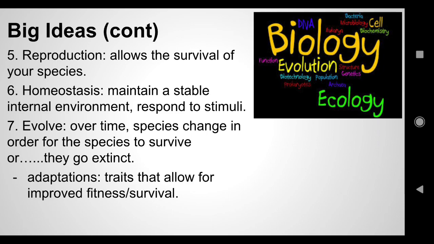Next, we have reproduction. Two methods of reproduction are asexual and sexual reproduction. We'll talk more about that later, but it does provide the basis for organisms to reproduce. Then the survival of the species can continue. So reproduction is a really important idea in biology. Next, homeostasis. This is maintaining stable internal conditions, even though conditions outside of the organism or its cells may be different.